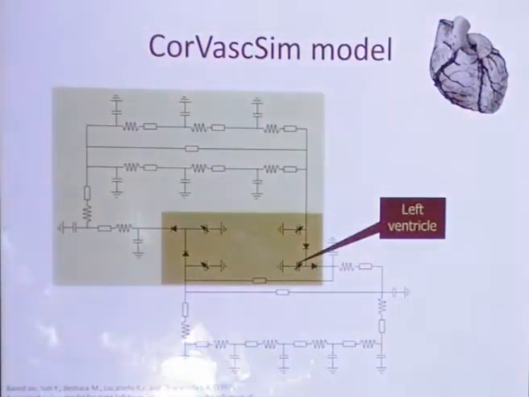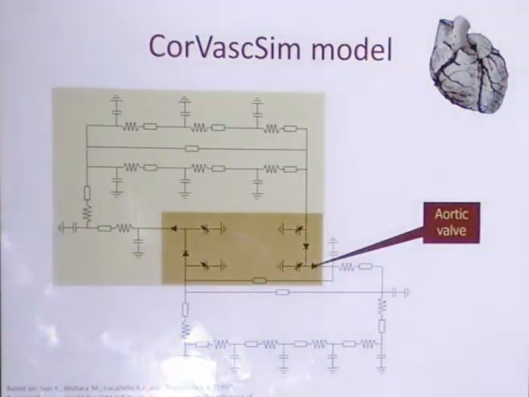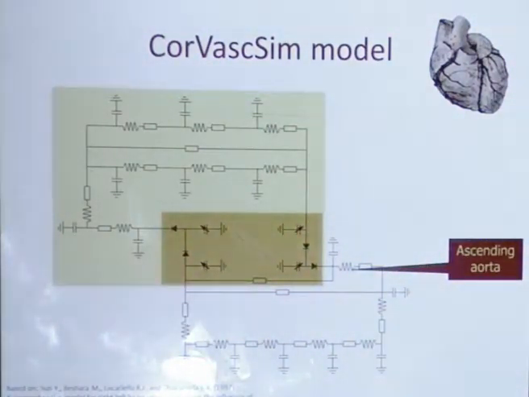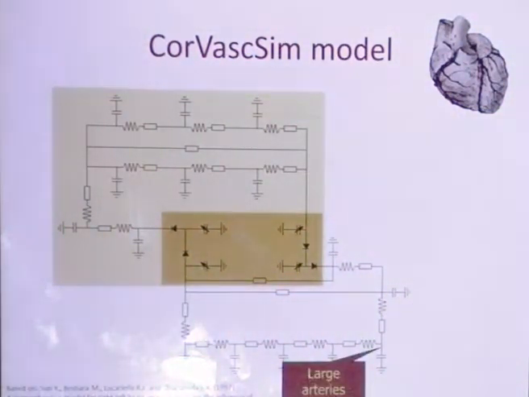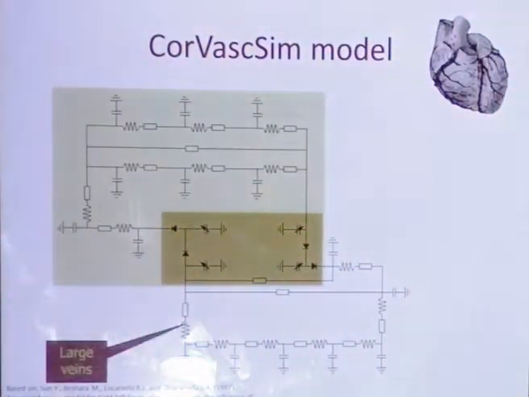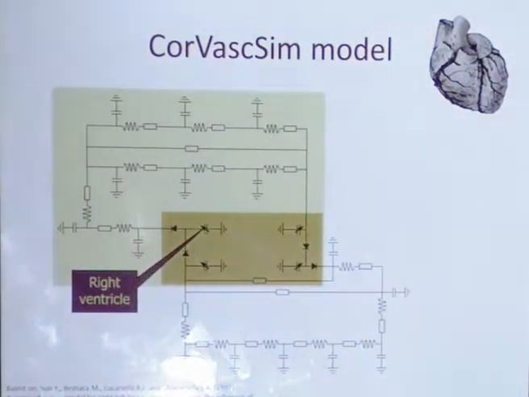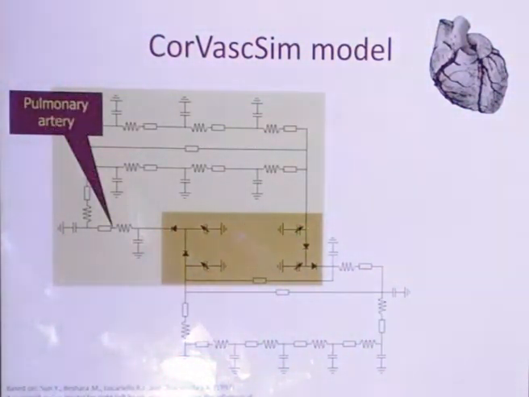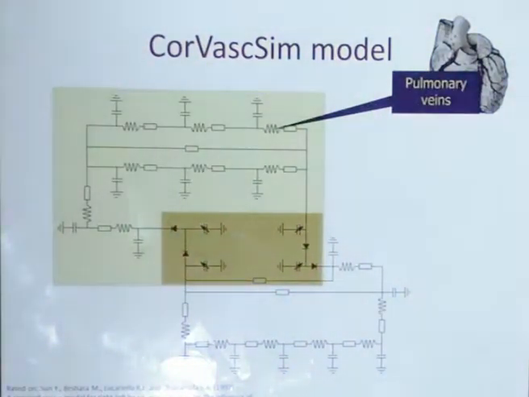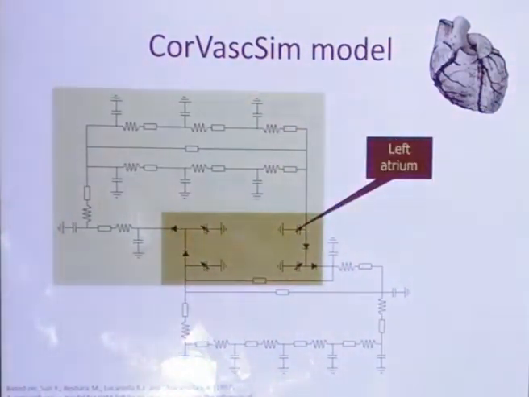That's the left ventricle, aortic valve, ascending aorta, descending aorta, and then further on to large arteries, large veins emptying into the right atrium, over to the right ventricle, and then we have the pulmonary artery, and finally the pulmonary veins emptying into the left atrium. This is just to give you some brief information about the complexity of the model.